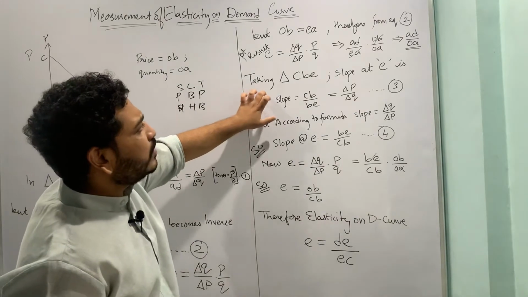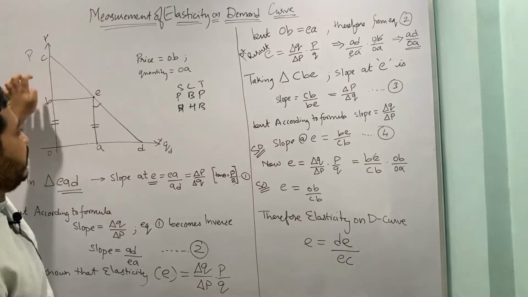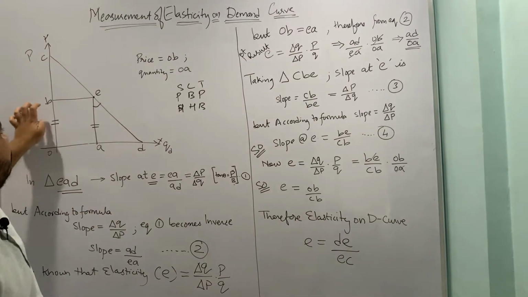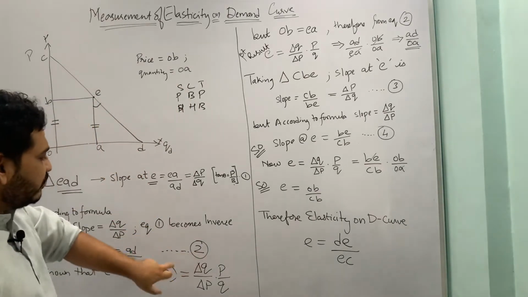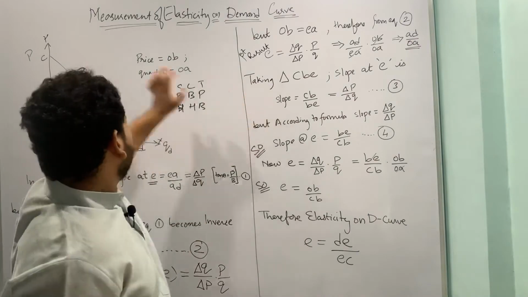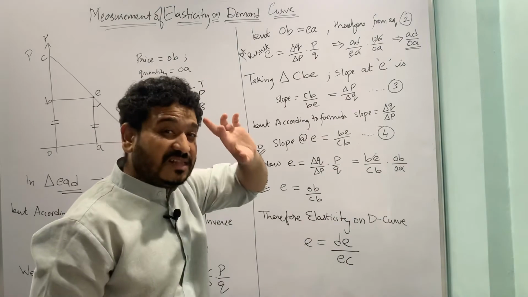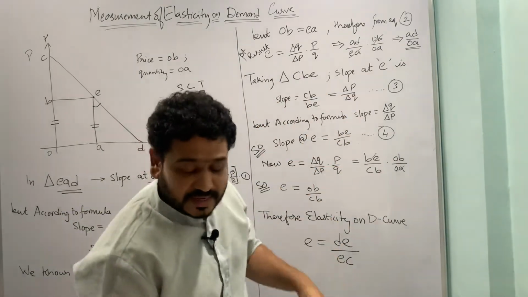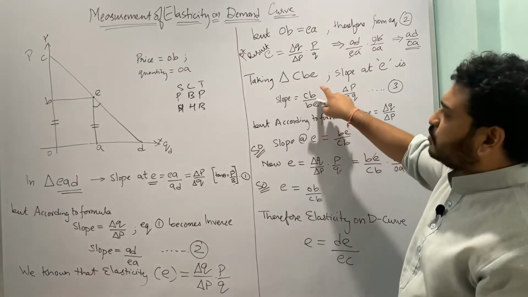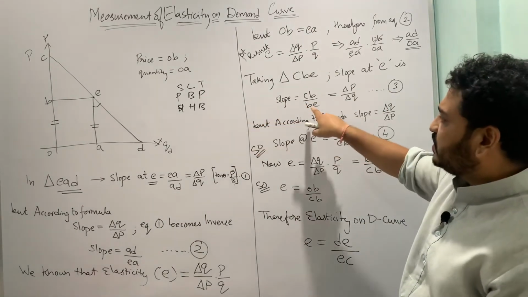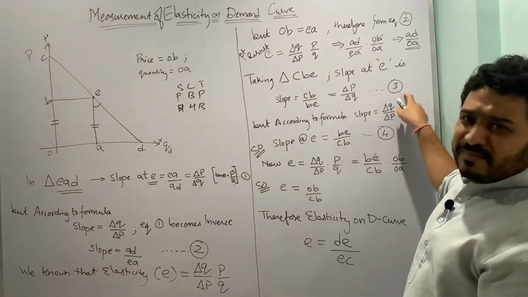Now just look at the slope at point E. The slope at point E is given by CB divided by the distance BE. I hope you can remember from the first equation that these distances are equal to delta P divided by delta Q, but we are interested in the inverse of that, delta Q divided by delta P. Let us name this equation 3.